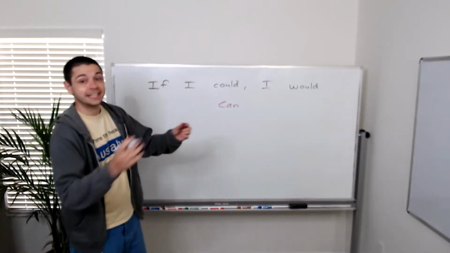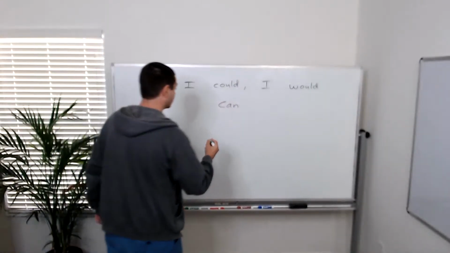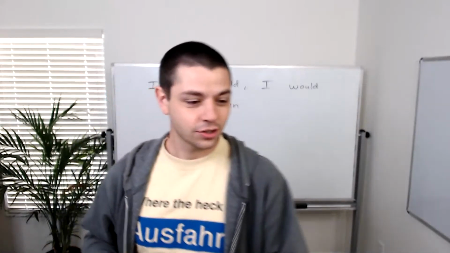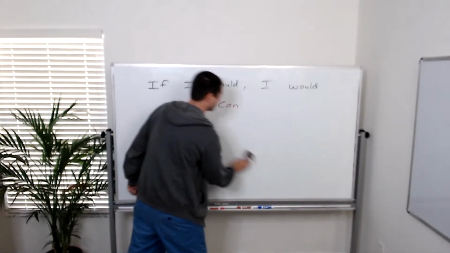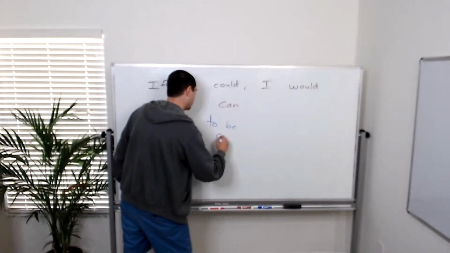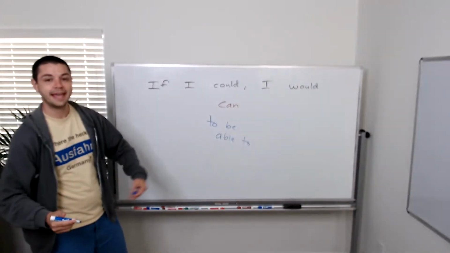And could and can are both part of the verb. That's difficult to see. One second. I'll use blue. To be able to.